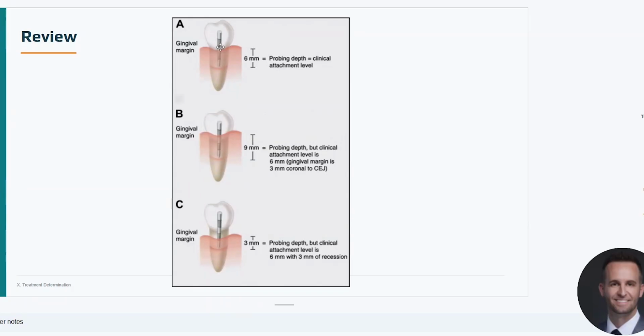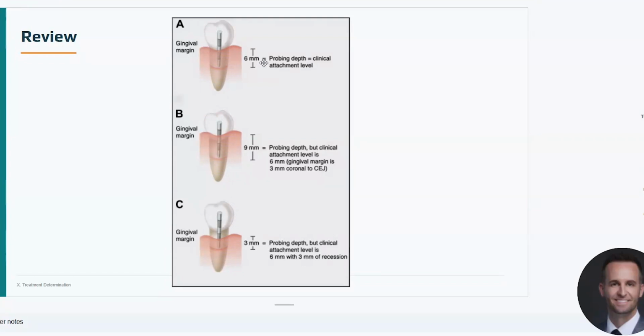So here we have a clinical attachment level of 6 millimeters. All of these are going to be 6 millimeter clinical attachment levels, which means this pinkish line down here is positioned 6 millimeters below the CEJ. But we have 3 different scenarios that can get us there.